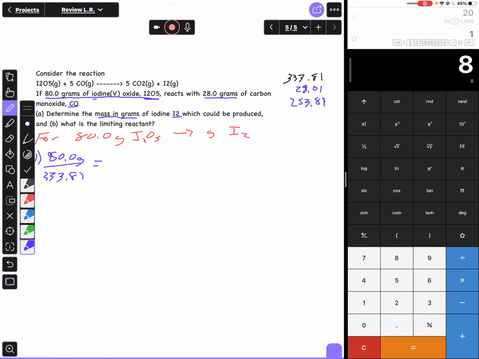I'm going to divide, so that would be 80 divided by 333.81. That gives me 0.24. I can round these to 2 decimal places, so that'll be 0.24. And now I'm in moles of I2O5.